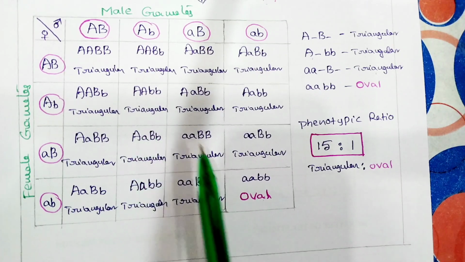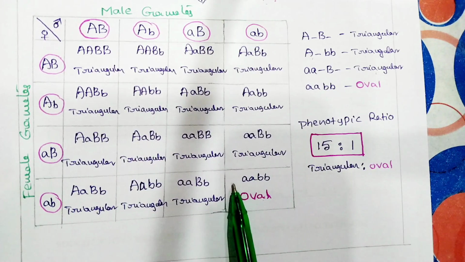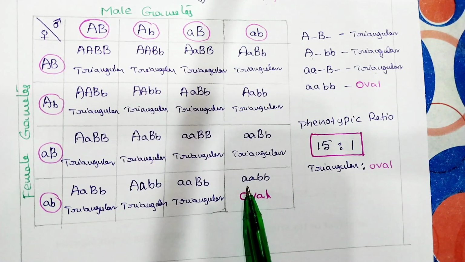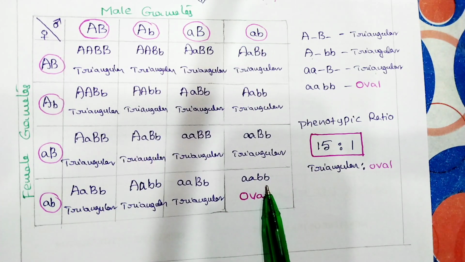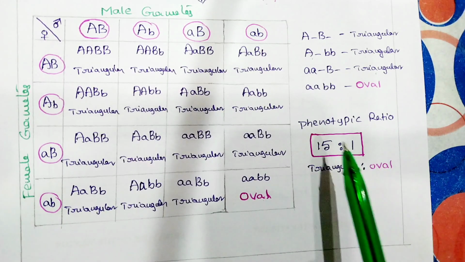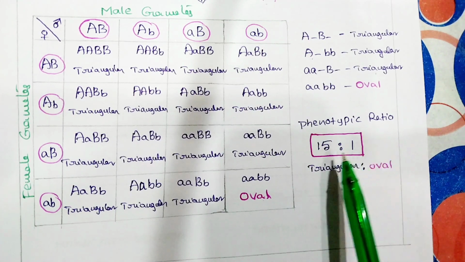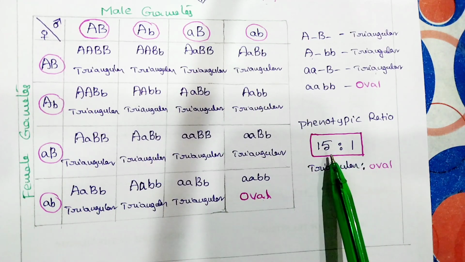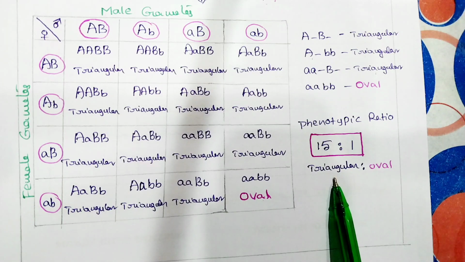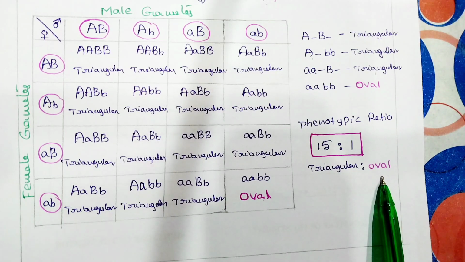The oval shape is obtained in only one situation: when both the genes are in recessive condition, oval shaped capsules are obtained. So the phenotypic ratio is 15:1. 15 triangular capsules are obtained, and only one oval capsule.